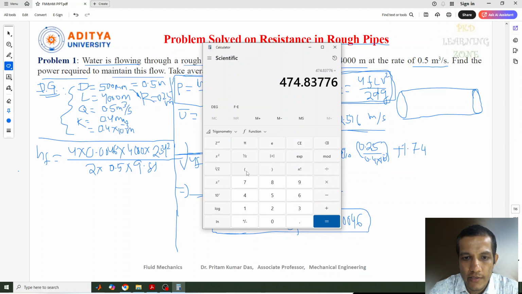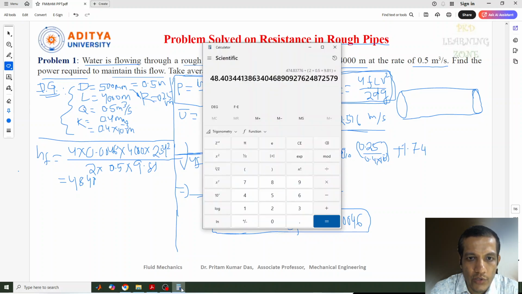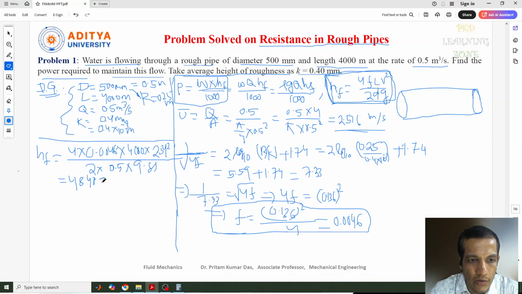Now we divide by this term, 2 into 0.5 into 9.81, and get 48.40. Now we got 48.40 for the hf value. So we can write 48.403 meter, hf this much meter.